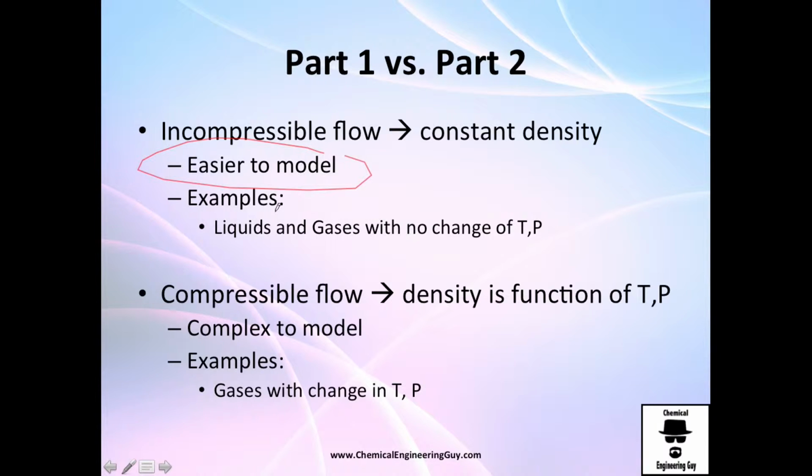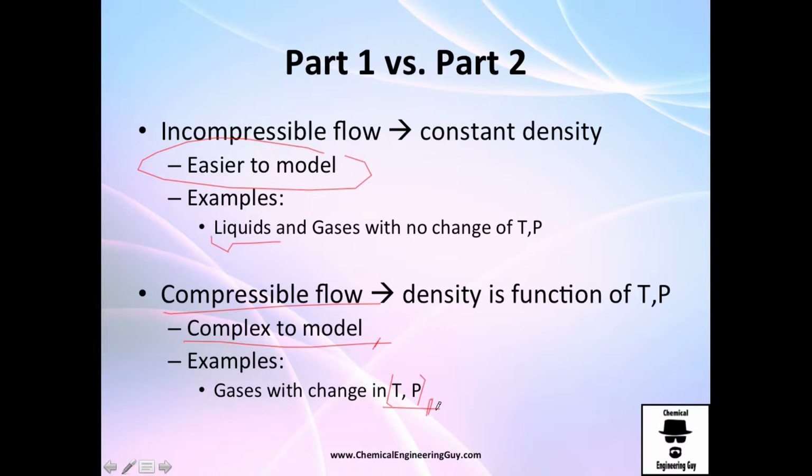The thing here in part number 1 is that it's pretty easy to model, typical for liquids or gases with no changes in temperature and pressure. Compressible flow, well, we are going to model those with complex gas laws, such as maybe the real gas law, the ideal gas law, and so on.